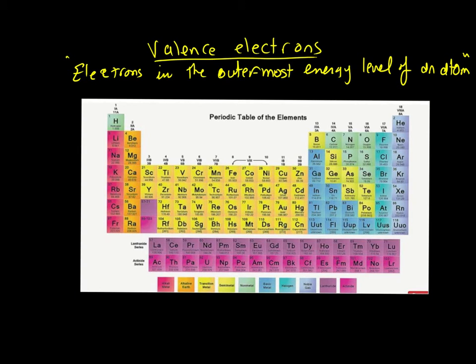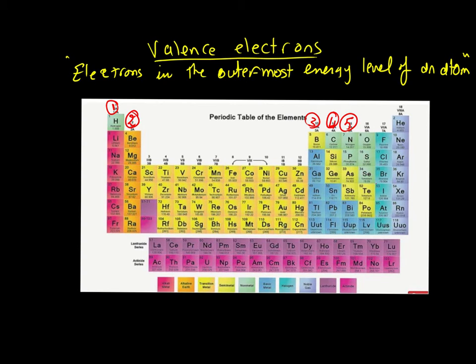Group 1 elements have 1 valence electron. Group 2 elements have 2 valence electrons. Group 3, or 13, have 3 valence electrons. Group 14 or 4 have 4 valence electrons. Group 15 or 5 has 5 valence electrons.